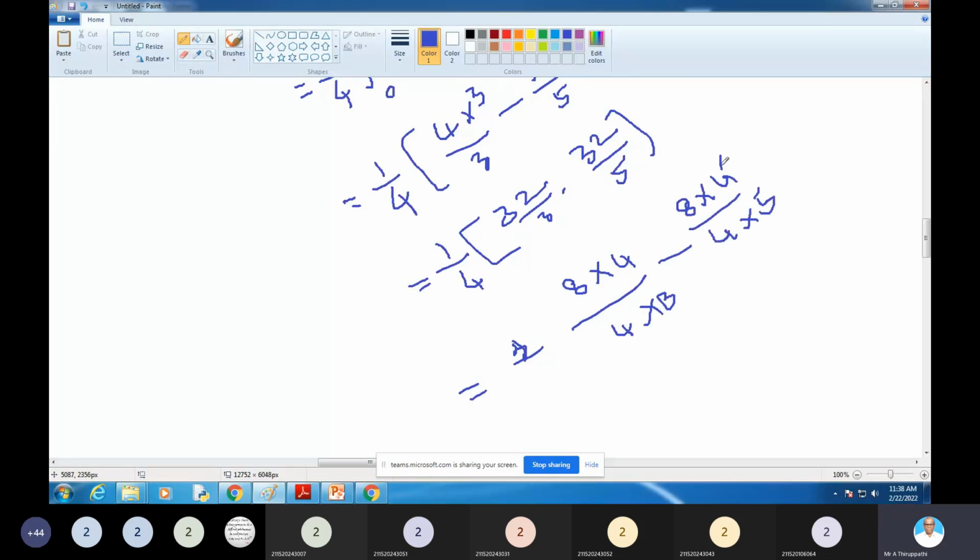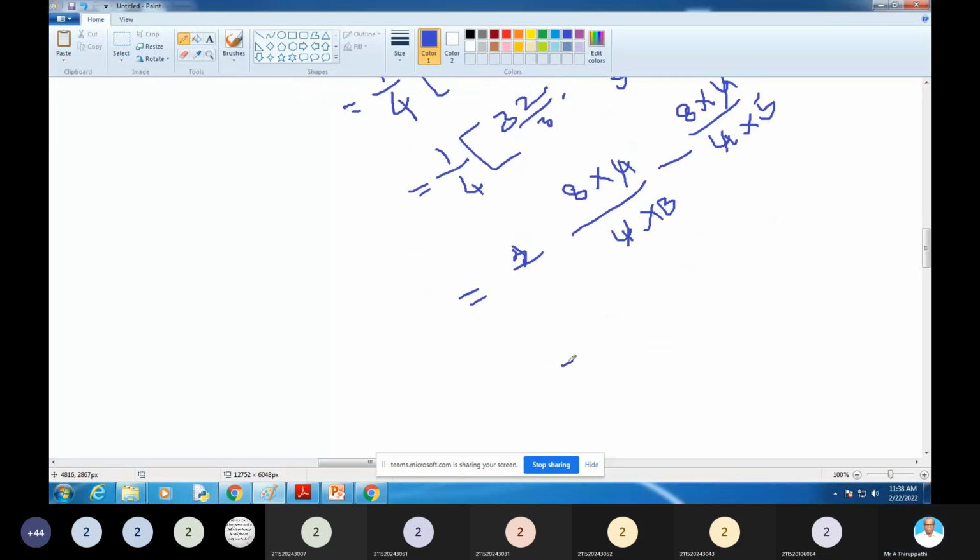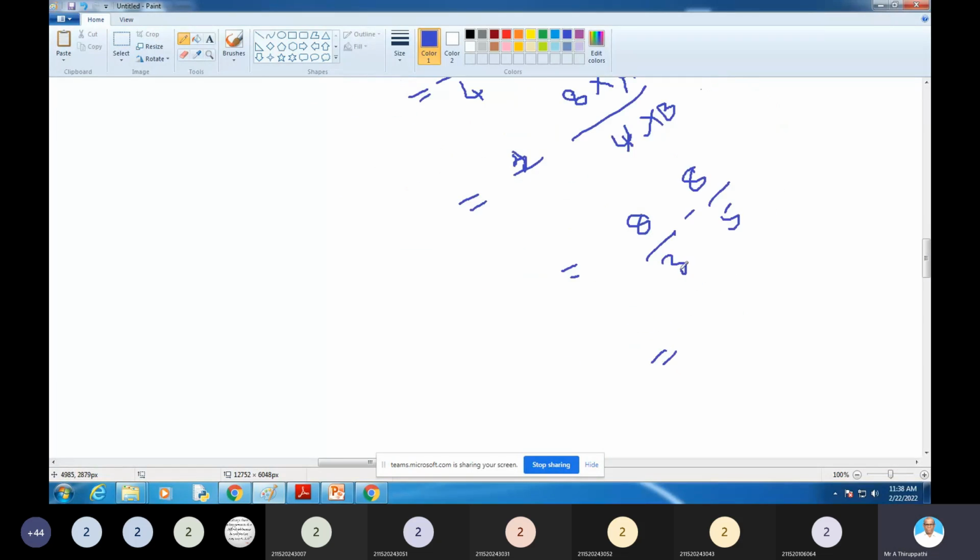The 4s cancel, giving 8 by 3 minus 8 by 5. Simplifying, 5 into 8 is 40 minus 3 into 8, 24, over 15. 40 minus 24 is 16, so 16 by 15.